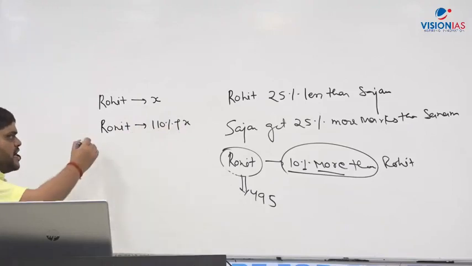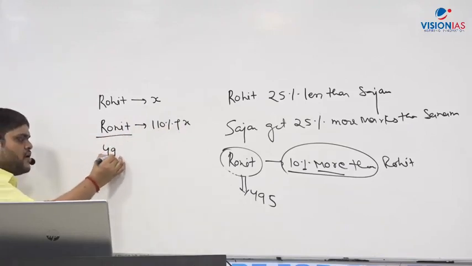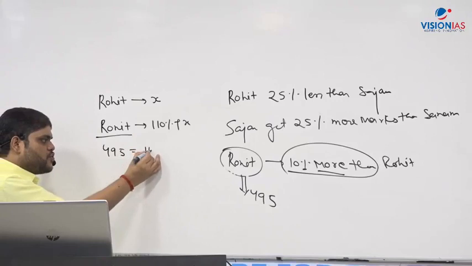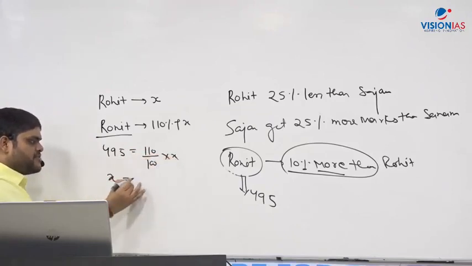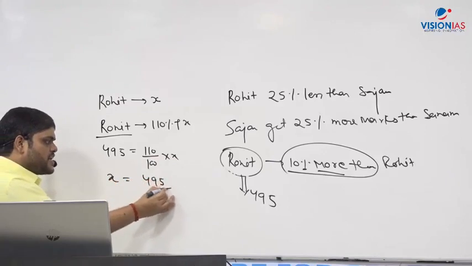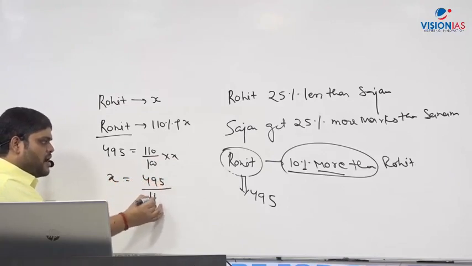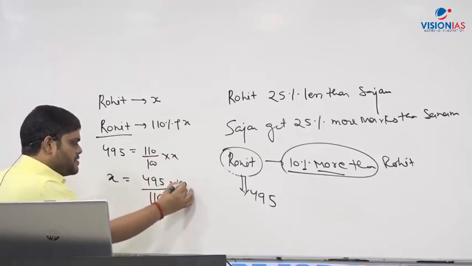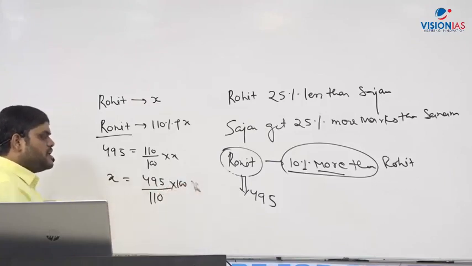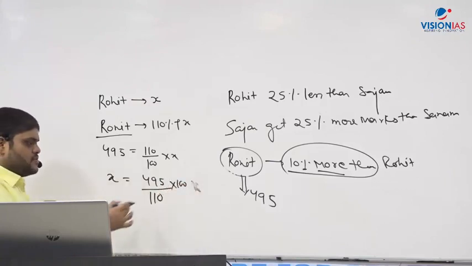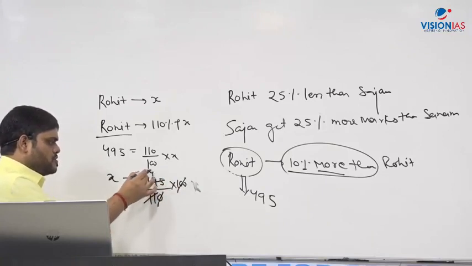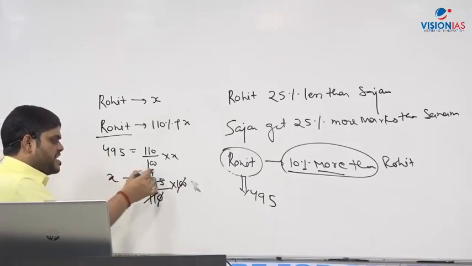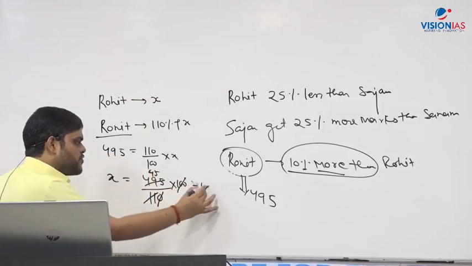What is given? The marks of Ronit is given, 495 is equal to 110 upon 100 into X. Can we find out the value of X here? 495 upon 110 will give us the X value. X becomes 450.